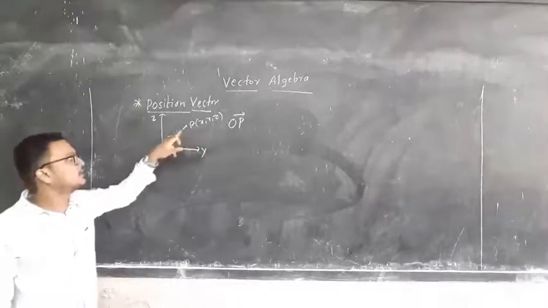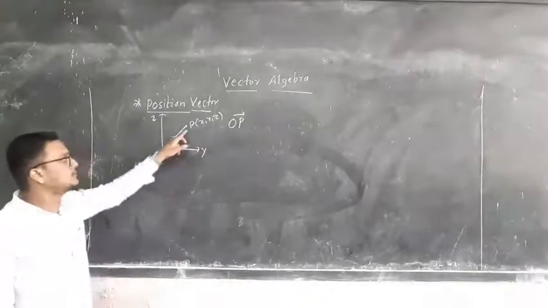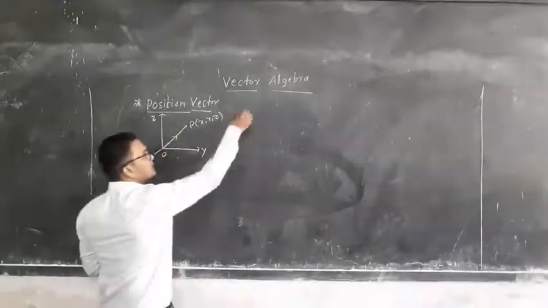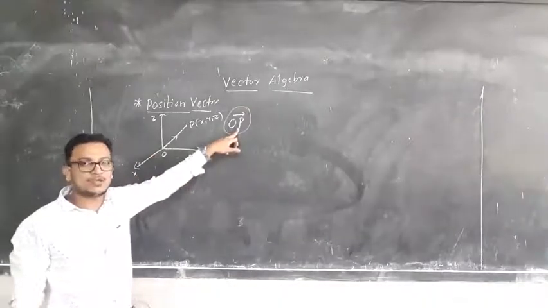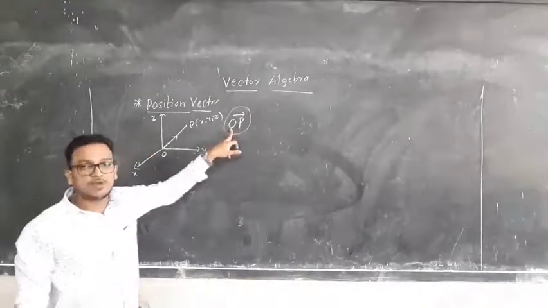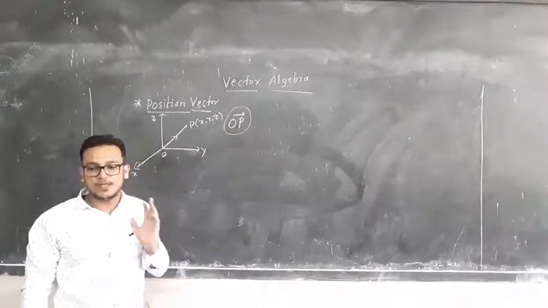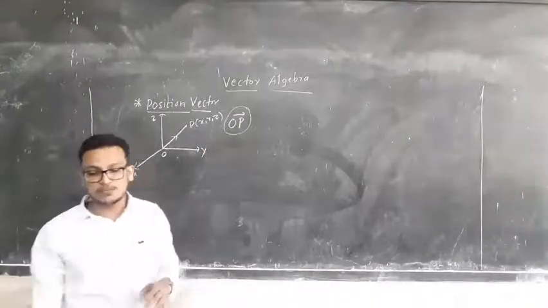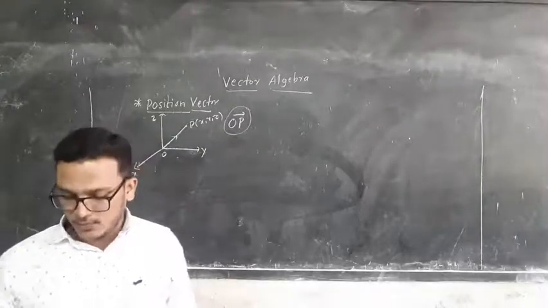Therefore vector OP is called the position vector of the point P. Position vector means a vector which has an initial point and a terminal point.